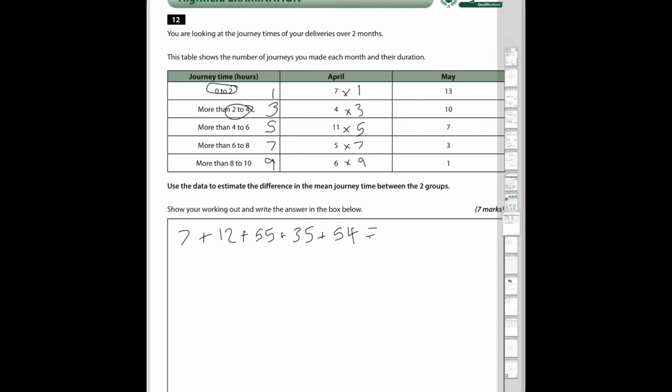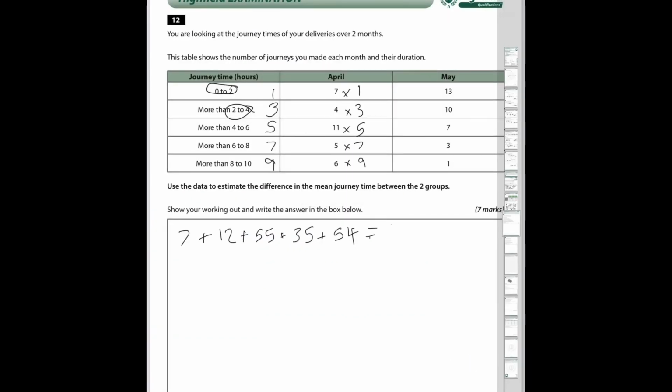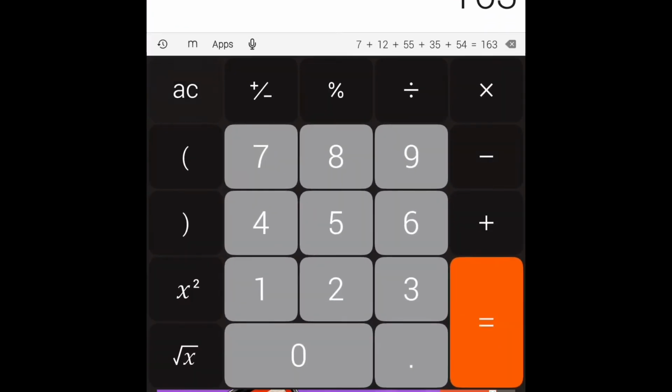Let's add all that up. 7 plus 12 plus 55 plus 35 plus 54 is 163. Now we need to add up how many deliveries there were to get the average. 7, 4, 11, 5, 6 is 33.